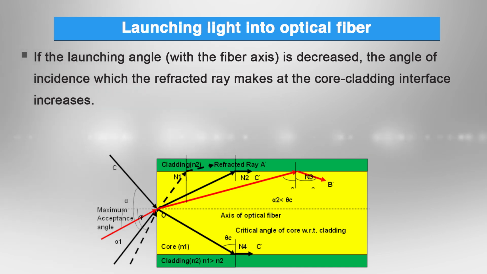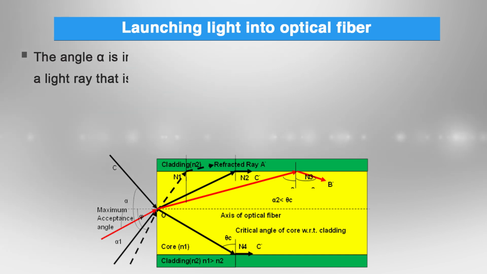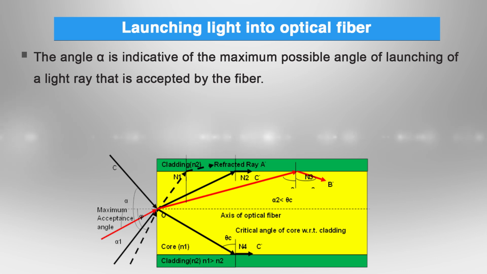If any light ray is launched at an angle more than alpha, then the refracted ray just refracts out to the cladding because the angle of incidence of its refracted ray at the core-cladding interface is less than the critical angle. Thus, the angle alpha is indicative of the maximum possible angle of launching of a light ray that is accepted by the fiber.